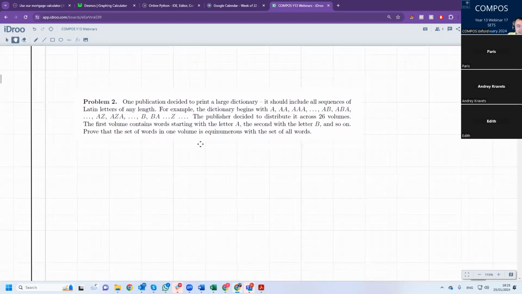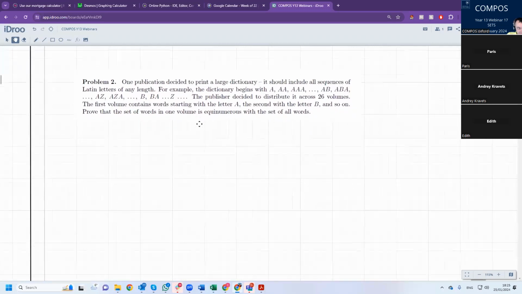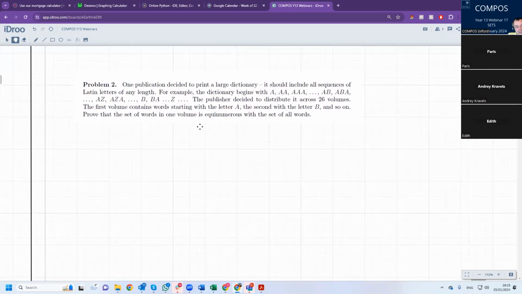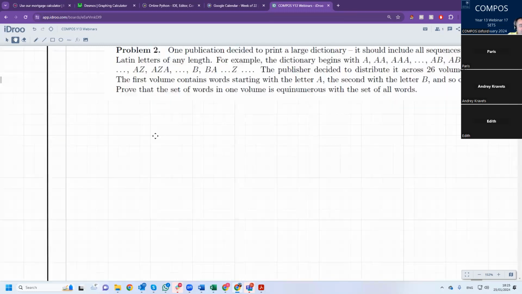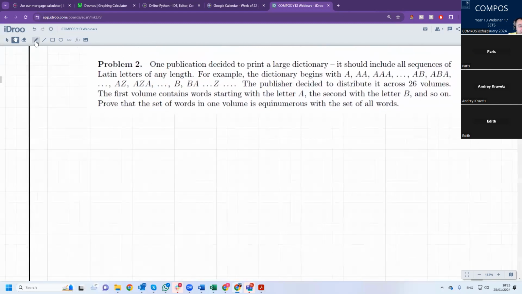One publication decided to print a large dictionary. It should include all sequences of Latin letters. So basically all the possible words made of English letters.